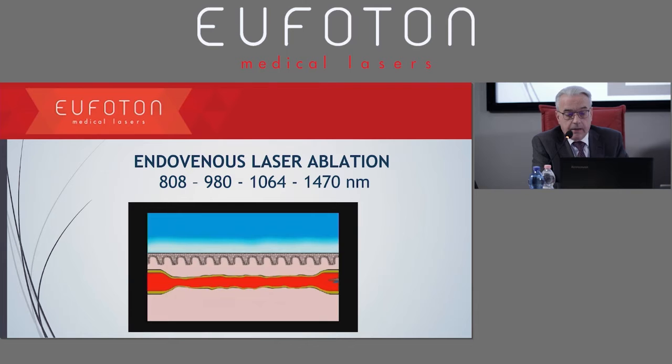So you've seen the animation. The fiber is introduced naked without a cannula. It is introduced in the epidermic layer and it reaches the telangiectasia or the vein, the reticular vein, by penetrating in the veins or from the outside.